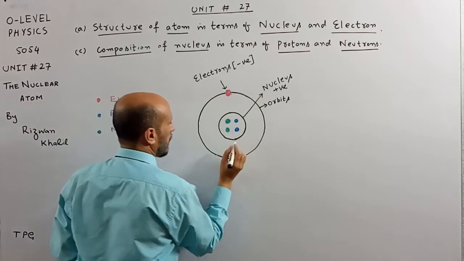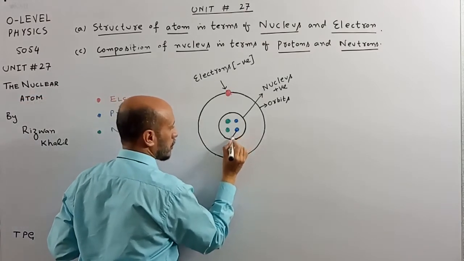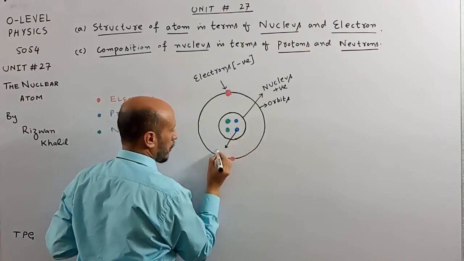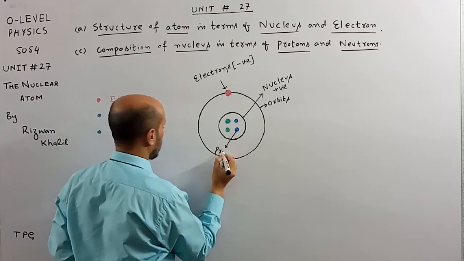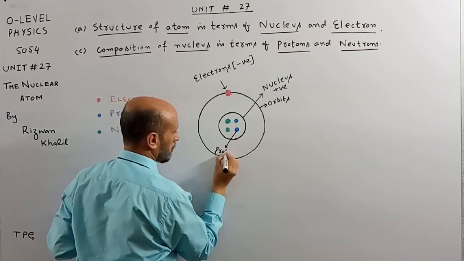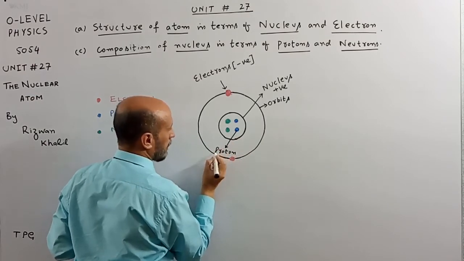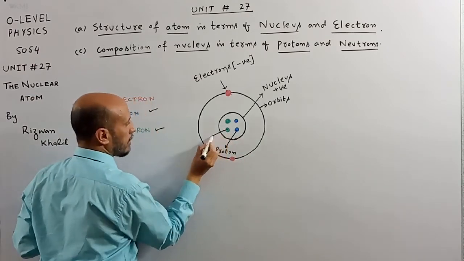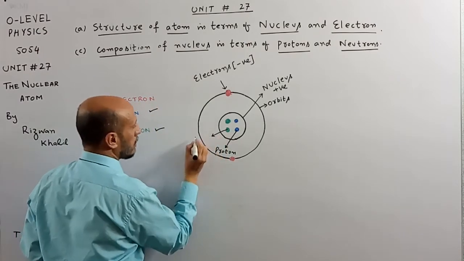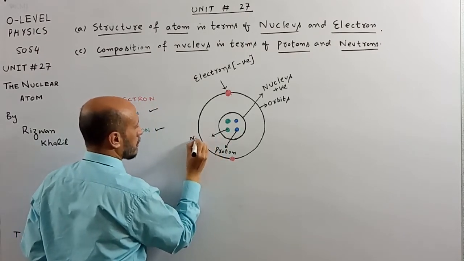This blue color shows the protons and green color shows neutrons.